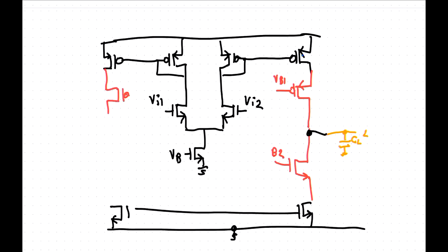So this is now, again, VB1 over there. And then we have the cascode like that, which is VB2. Okay, so I haven't really changed the circuit. I just put in a couple of cascodes that we know is better.